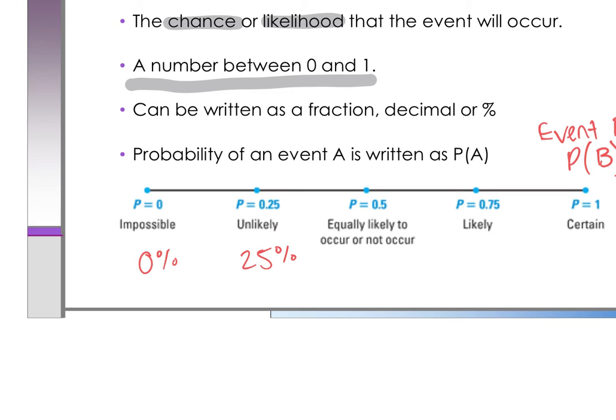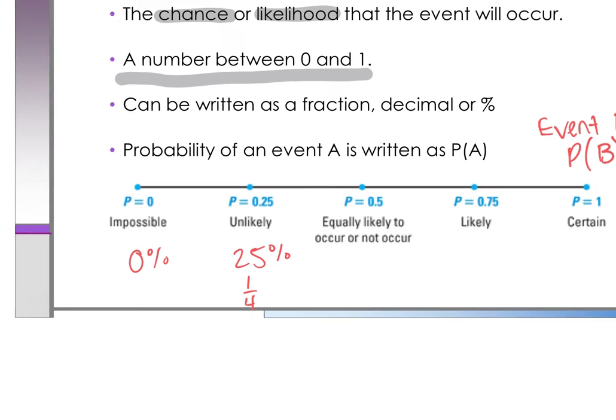What could be a fraction that also means 25%? 1/4, okay? Remember, probability can be written as a decimal, as a percentage, and as a fraction. Does anyone know how you can change a decimal into a percentage? Yeah, move the decimal point 2 to the right, okay? And from a percentage, you can move it back to a decimal by moving it 2 to the left, okay? All right.